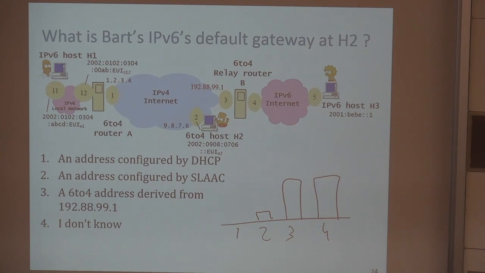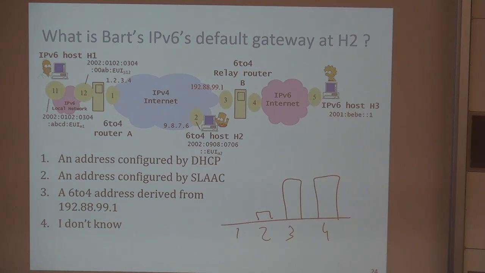One is not possible because there's no DHCP server in this IPv4 world that will give you an IPv6 address. Now, Slack probably is the same. Slack assumes that there's an IPv6 router that will inform you of the default route to use.